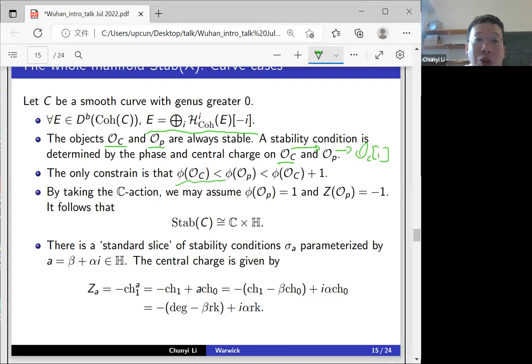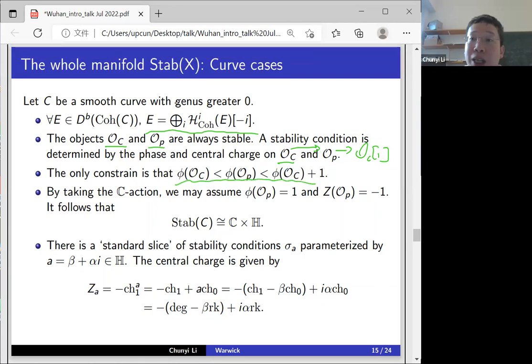So we should have this relation between their phases to make sure there's no contradiction. That's the only restriction. And by the C action, we can rotate and rescale the phase of OP to 1 and the central charge to be -1 on the negative real axis.